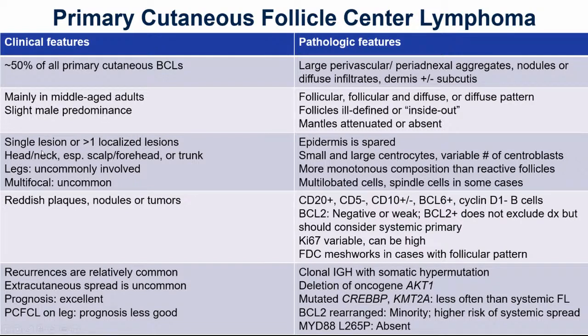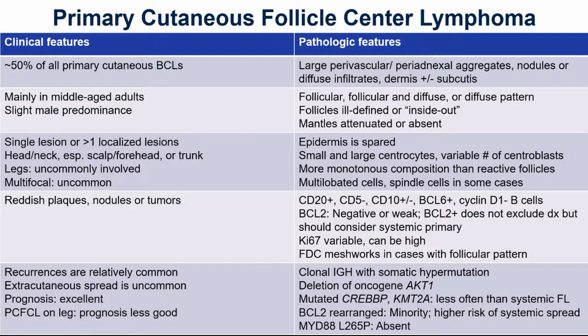The patients usually have involvement of the head and neck, and sites that one is especially likely to see these lesions are on the scalp or on the forehead, but they can also occur on the trunk. The legs are uncommonly involved, and to have multifocal lesions in more than one anatomic site is fairly uncommon.